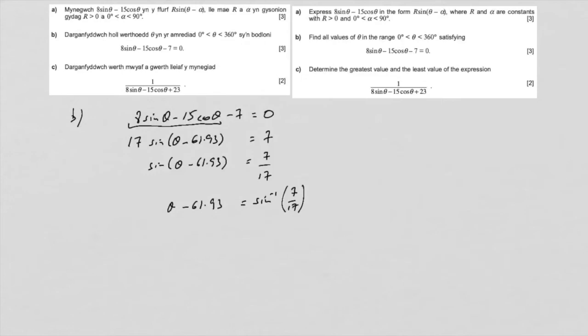Now, since we have theta being between 0 and 360 degrees, then theta minus 61.93 will be between minus 61.93 and 298.07.